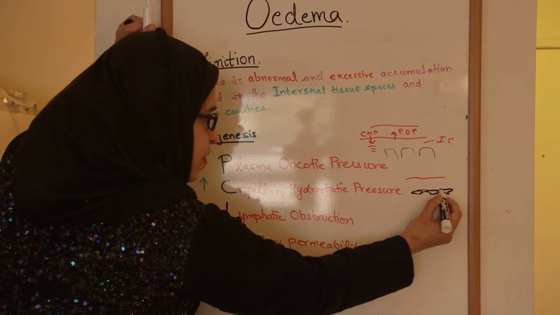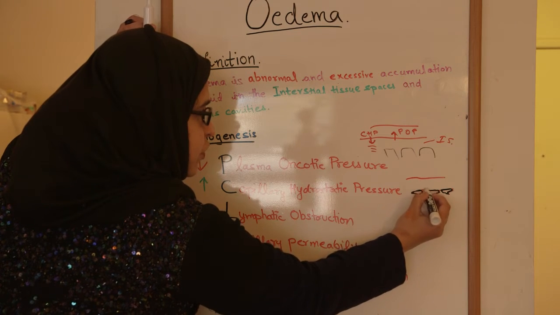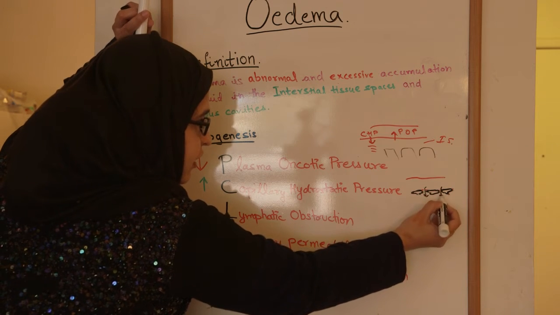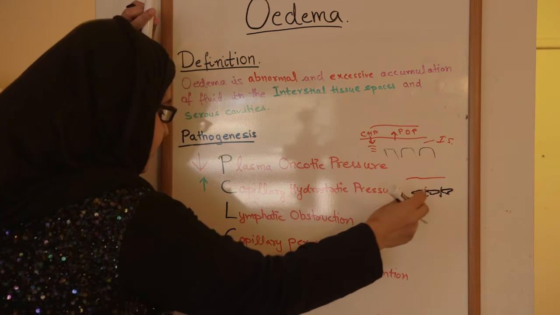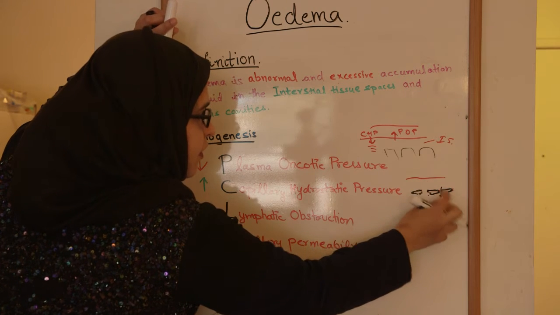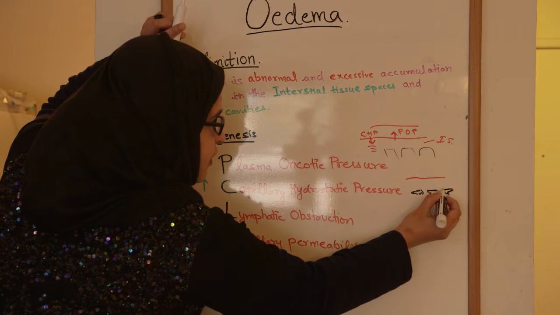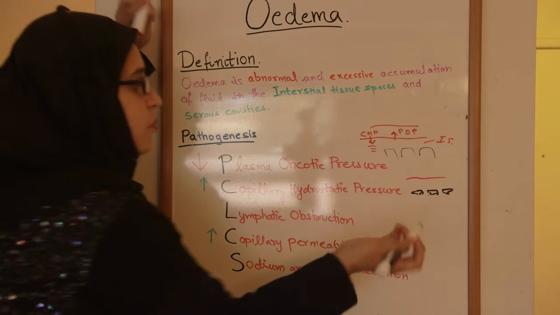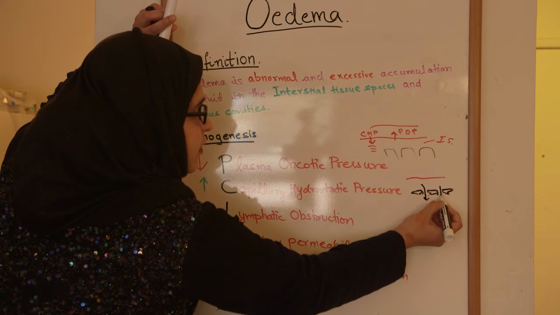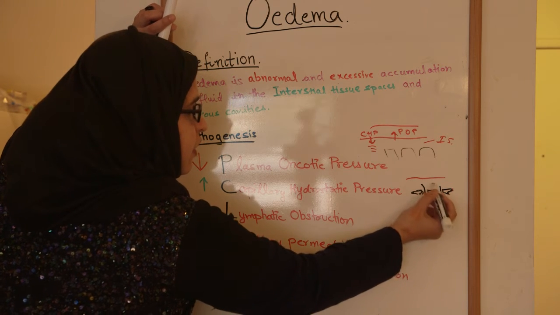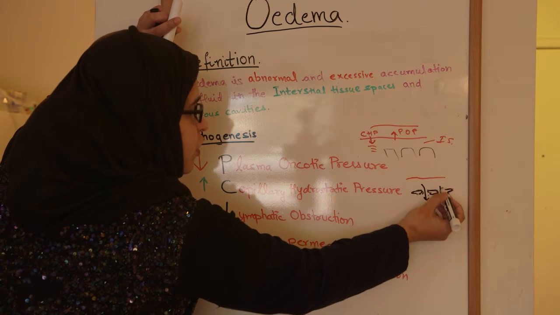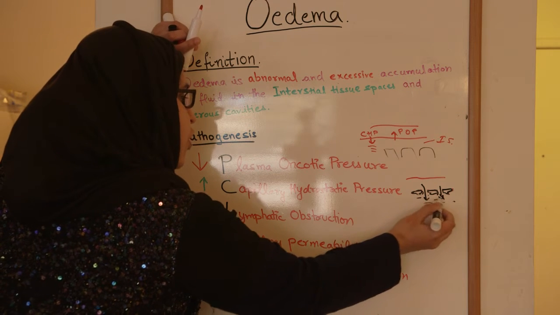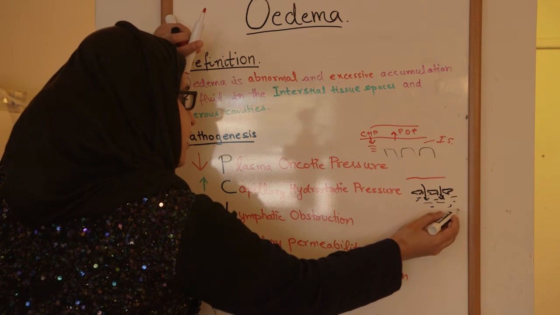They have gaps between them, which allow the nutrients and ions to pass through. But sometimes there is an increase in these gaps, which may lead to movement of large protein molecules and more proteins outside into the interstitial spaces. When the proteins come out, the water also comes out to the interstitial spaces, and there is accumulation of more water, which may lead to edema.